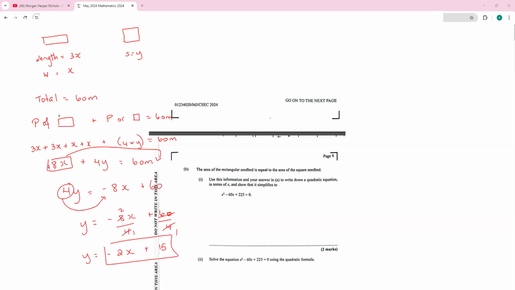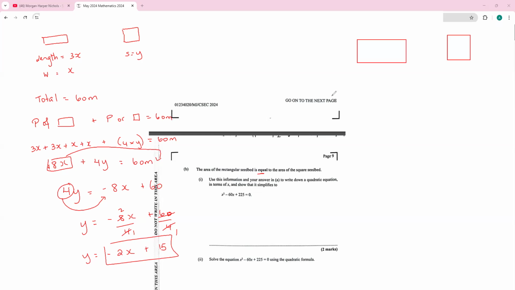All right, so it says part B, the area of the rectangular seedbed is equal to the area of the square seedbed. So remember, we have two seedbeds, one rectangular in shape, one square in shape.